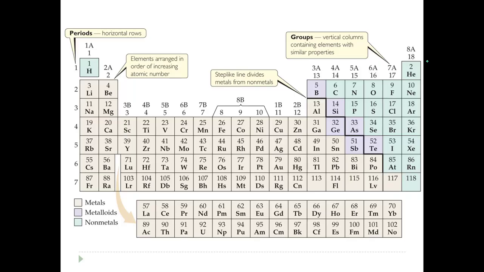So here we have 1A, 2A, 3A, 4A, 5A, 6A, 7A, 8A, and in the middle of these are the B groups, or in the second way, you just number them 1 through 18. So in the first numbering system, this would be group 8A or group 18.